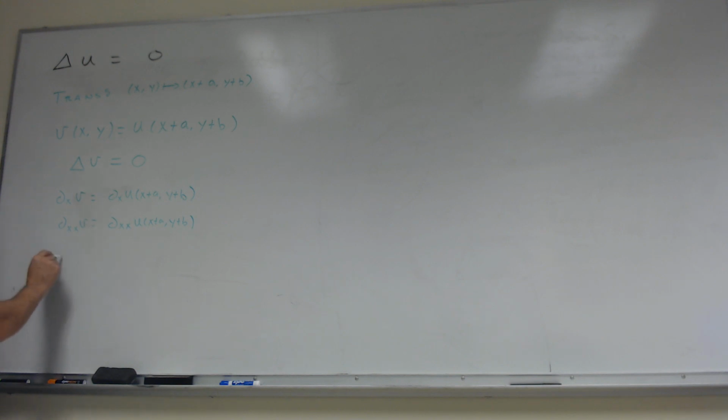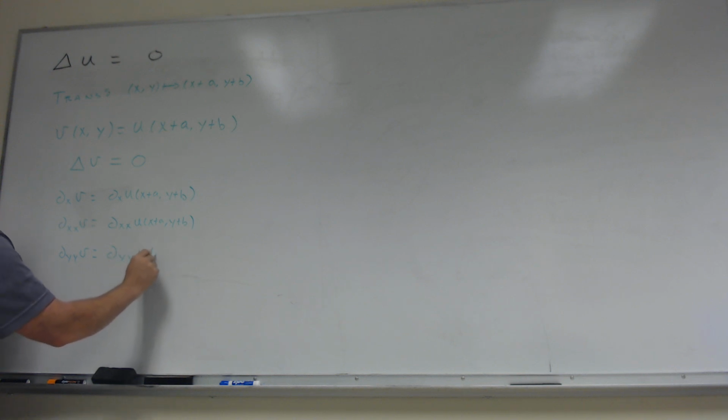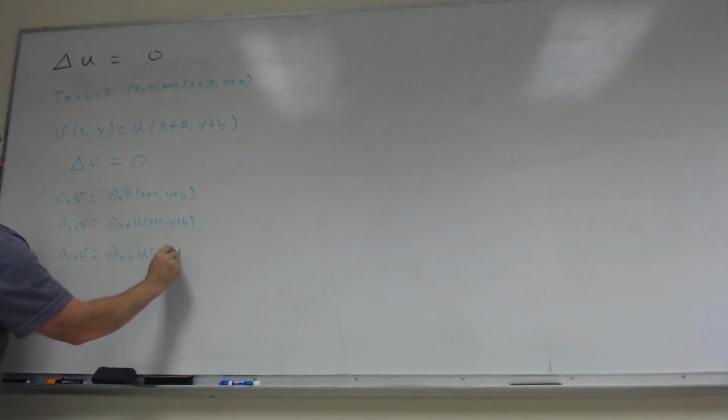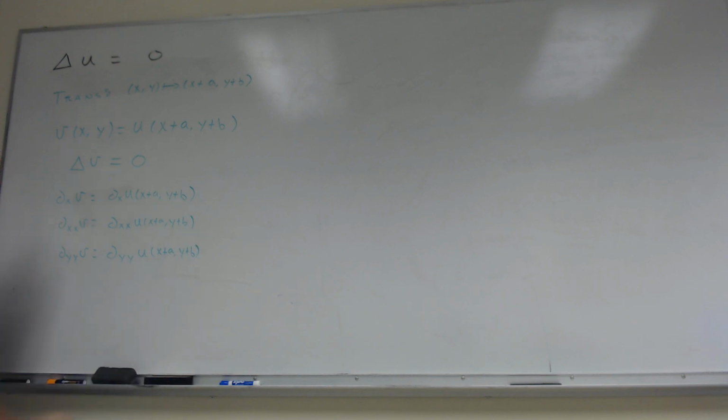And similarly, the computation will show the double y derivative of v is equal to the double y derivative of u of (x plus a, y plus b). So then the Laplacian of v is equal to the Laplacian of u evaluated at the same spot.